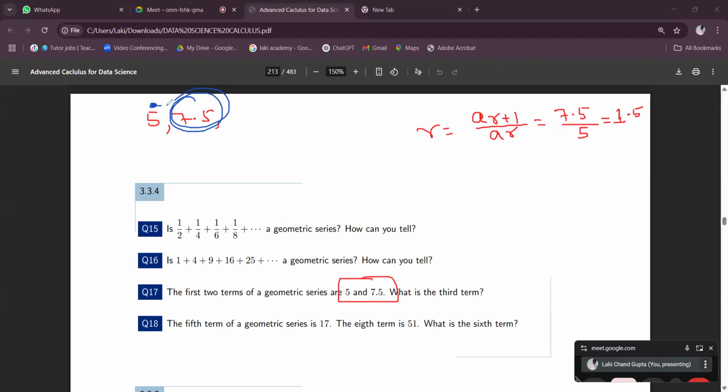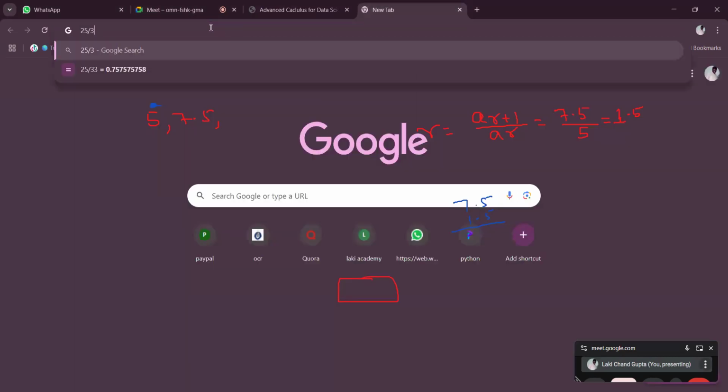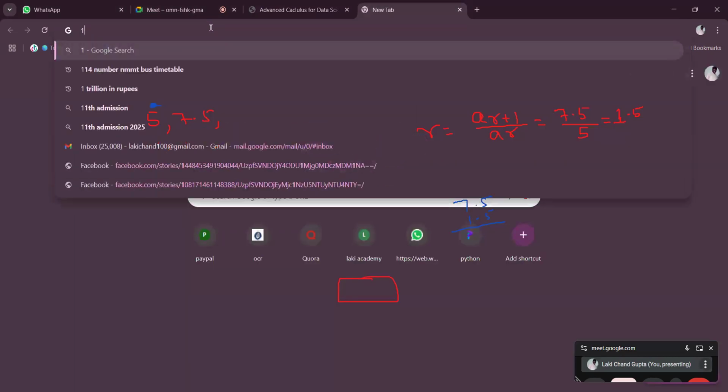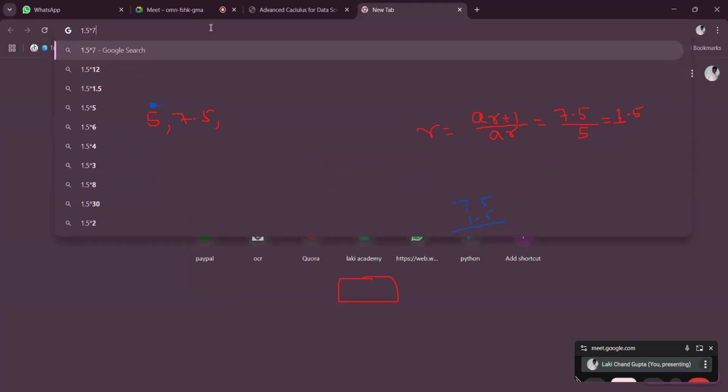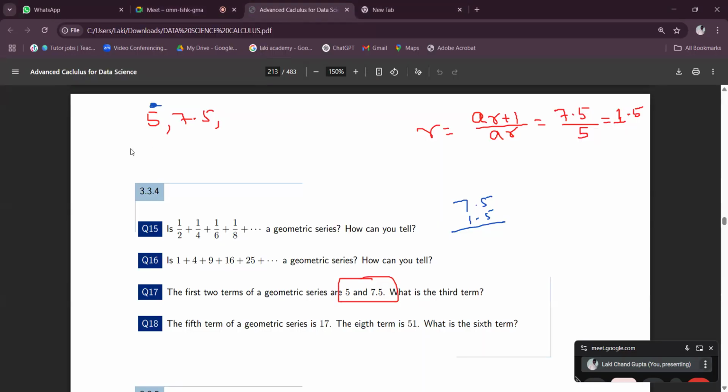Again multiply 7.5 by 1.5. What will you get? 11.25.